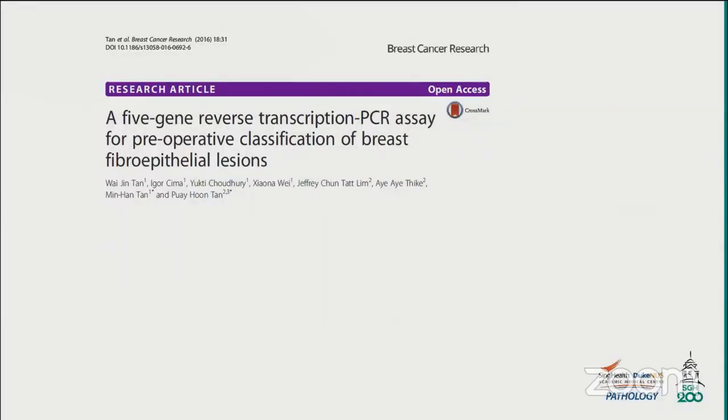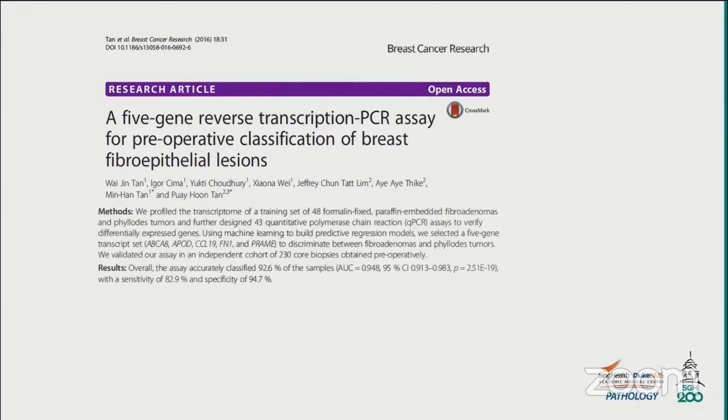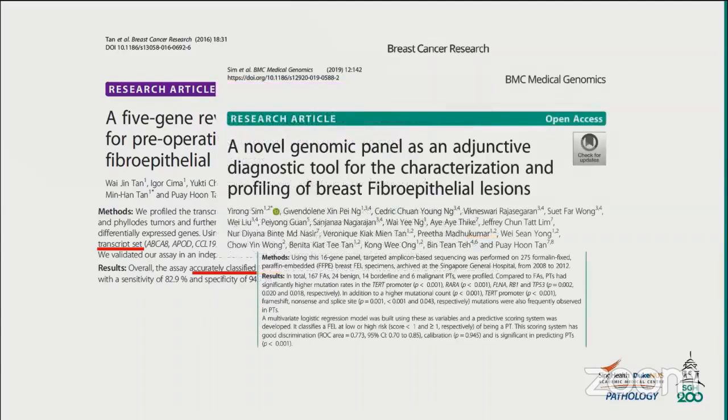Can molecular pathology help? Well, this is a study using a 5-gene reverse transcription PCR assay that was able to accurately classify about 93% of the core biopsy samples into fibroadenomas or phyllodes tumors.